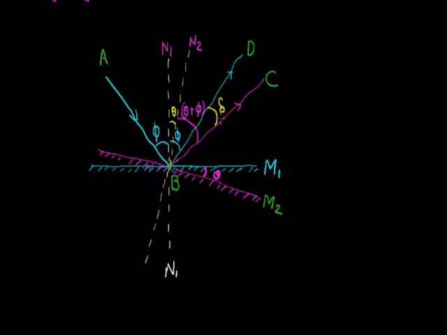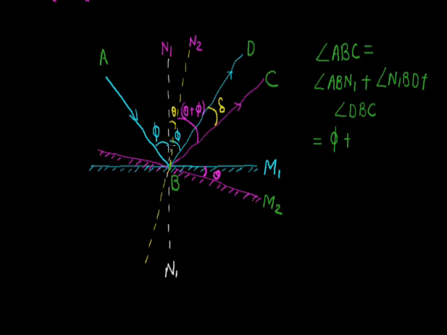Now we have to find the value of delta. Here if we find the angle between ABC, then we can write angle ABC as angle ABN1 plus angle N1BD plus angle DBC, and angle ABN1 is phi, angle N1BD is also phi, and angle DBC is delta.